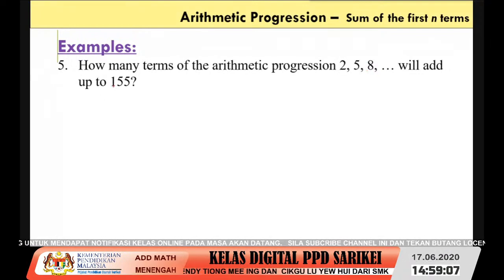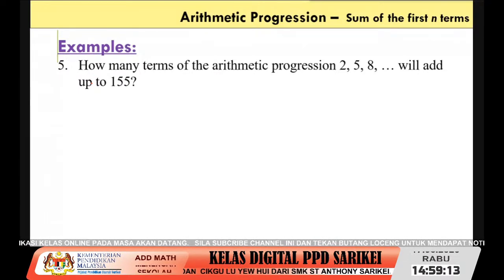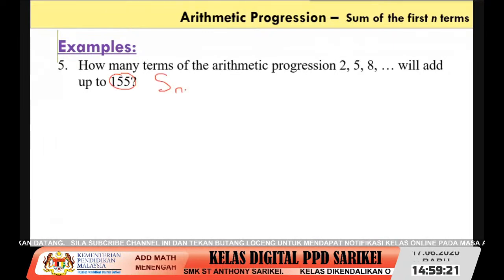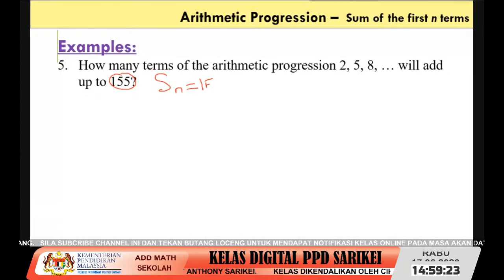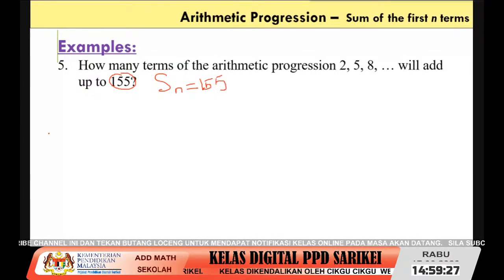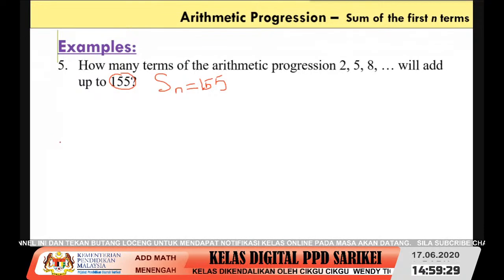Next, how many terms of the arithmetic progression 2, 5, 8 will add up to 155? So, maksudnya, berapa sebutan yang diperlukan supaya kita jumlahkan satu demi satu, n sebutan yang pertama, supaya dia akan jadi 155. So, Sn equal to 155. So, how many terms? We don't know, so we have to try.